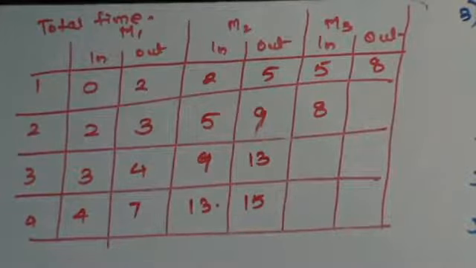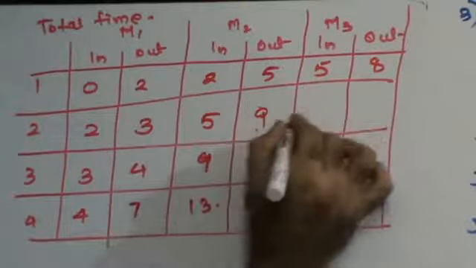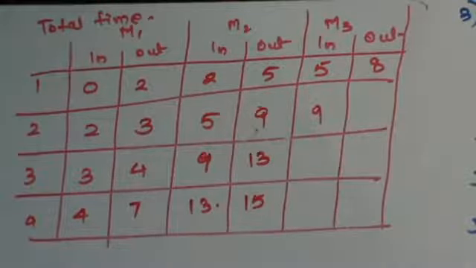Machine 2, 9. No, so M3 job 2 will be 9 because it's 9 on M2. So I think I have to change M2 out, the in time. I'll just do that. This is less, so this is going to be 9.